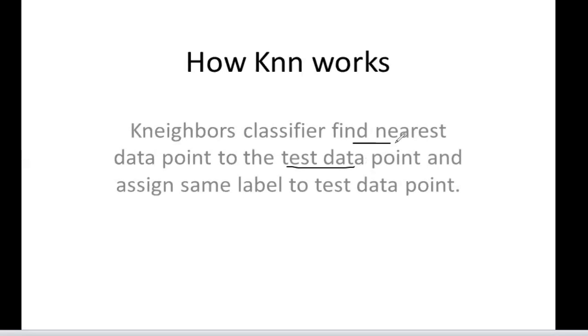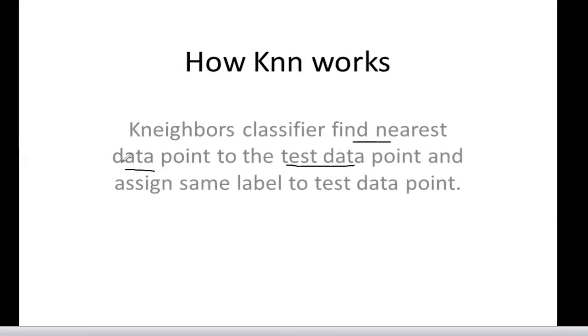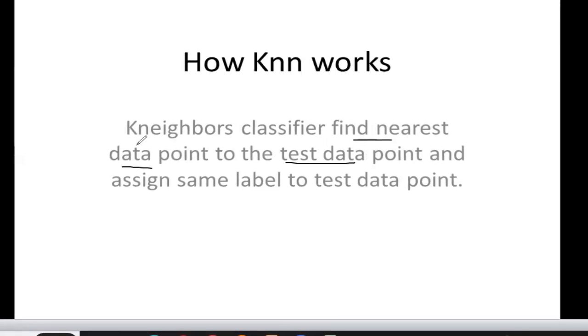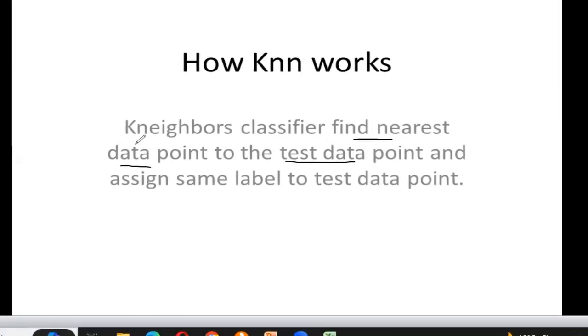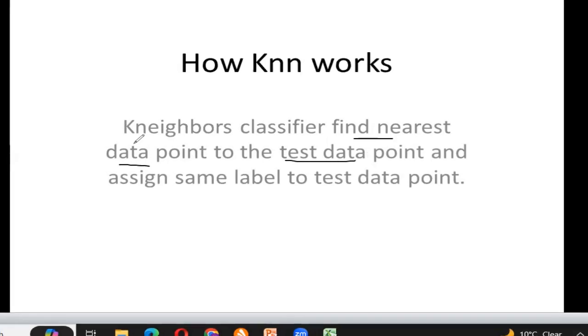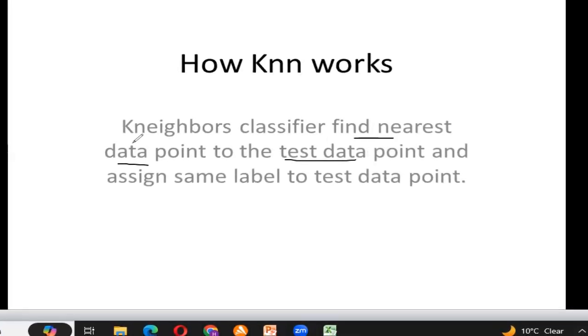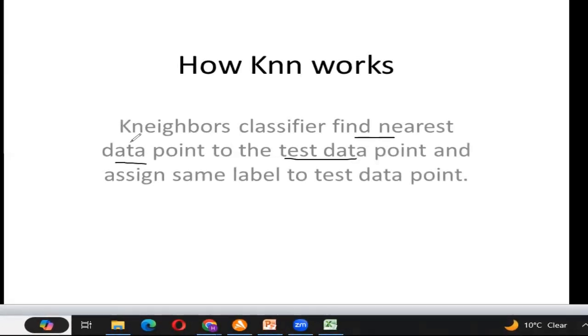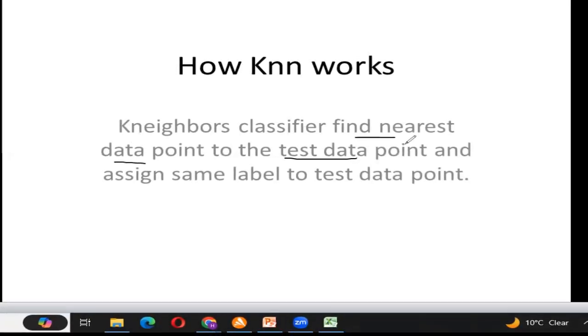What will the model do? It will find the nearest data point. And what is this data point? This is the training data, the data points on which our model is trained. I know it may not make sense for now, but it will in a bit when we discuss it in a diagram.